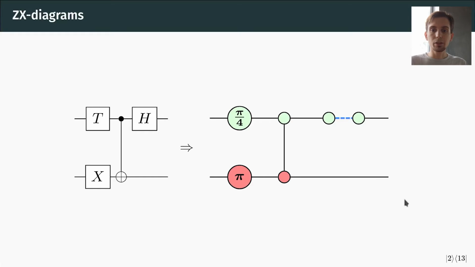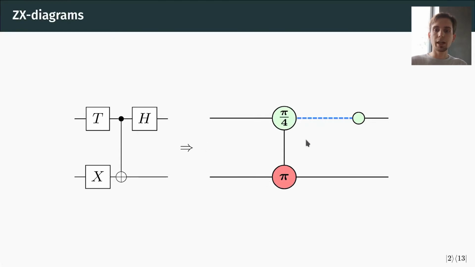The ZX calculus comes with a complete set of rewrite rules. Between them, we have the fusion rule that lets us merge spiders of the same color connected by regular wires. We also have another rule that lets us change the color or swap the colors of spiders by adding some Hadamard wires to its connection.